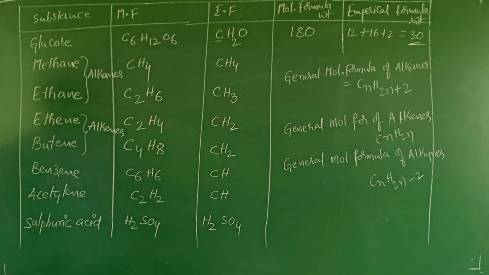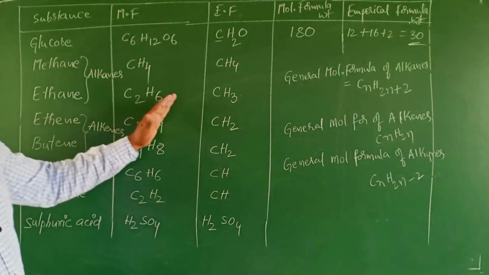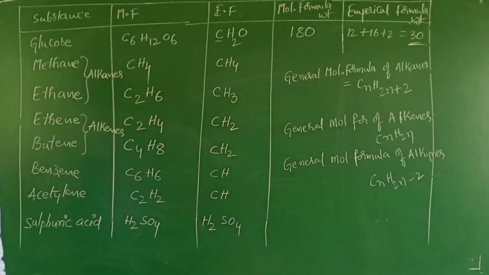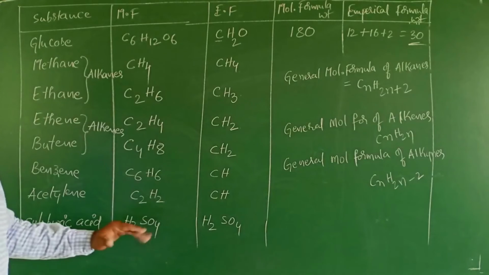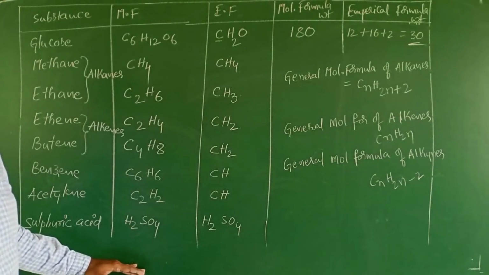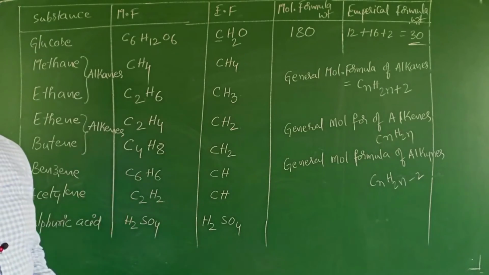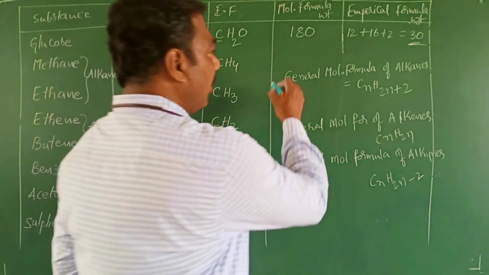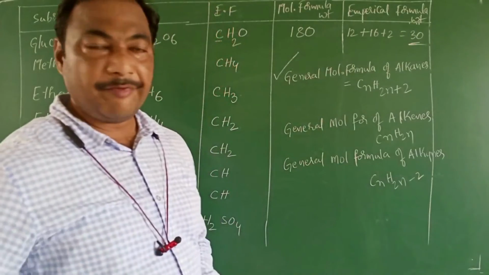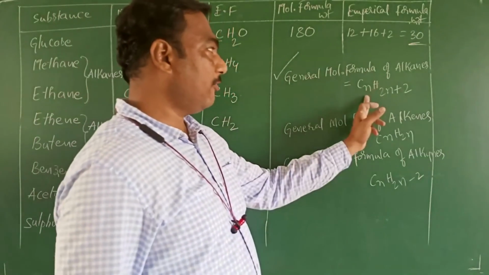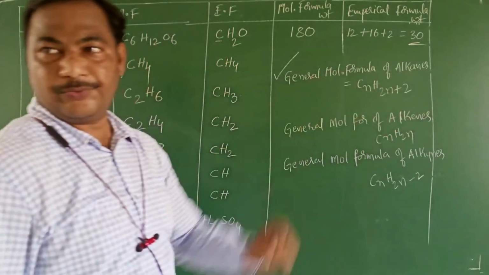Right? Now, we are going to write few statements basing upon the molecular and empirical formula. The first statement is, please make a note: all alkanes will have the same general molecular formula. Every alkane, the general molecular formula is CnH2n plus 2.